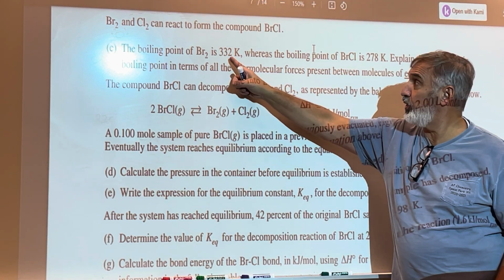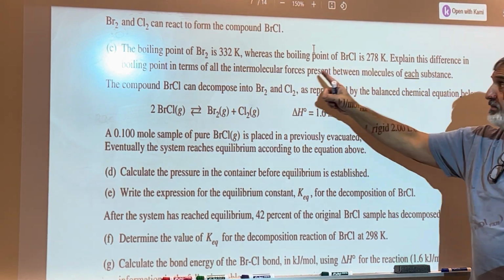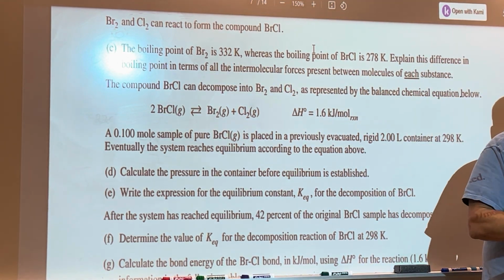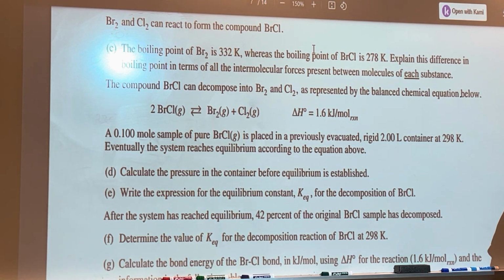But because this boiling point is higher than that boiling point, what does that mean about this? The LDFs are greater because of a more polarizable electron cloud, because it's a bigger electron cloud.